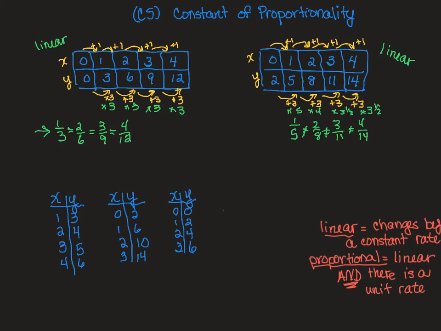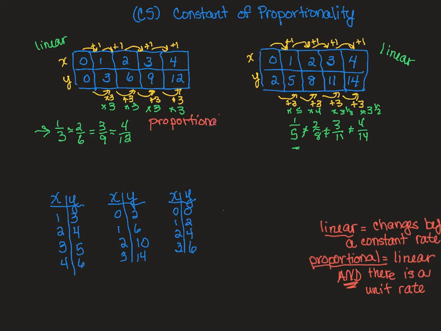But you can see that there is no unit rate. There's nothing that I'm doing for every 1, it goes up 5 times. It doesn't, because this would have been the unit rate. But on the left side, it's going up not only linear, going up by the same rate, but also has the unit rate. So this is proportional. The other one is not.